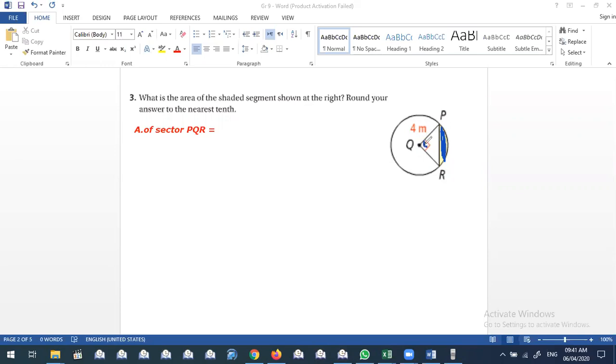Its measure is 90 over 360 times the area of the circle, which is pi r squared. So it will be pi times our radius 4 to the power 2. 90 is the measure of the arc BR over 360 times pi times radius power 2, which is 4 power 2.